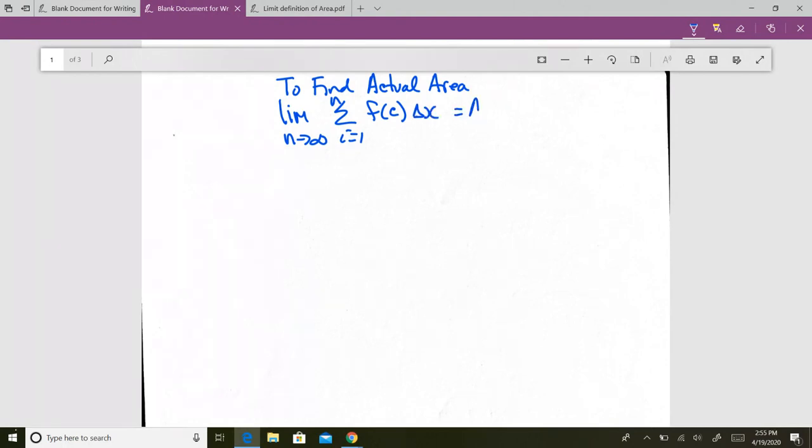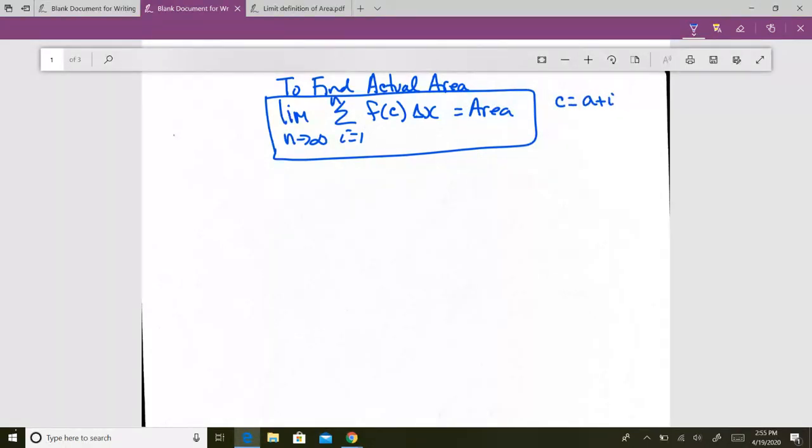That will give you the area under the curve. And this is a type of question I'm going to ask you. Your c value, remember, it doesn't matter which one you use, but I find the right endpoint one, a plus i delta x, is easier to use, so that's the one I'm going to use. And your delta x value is b minus a over n, n being the number of rectangles. In this case, it will be infinity, so you'll see how that all works out.